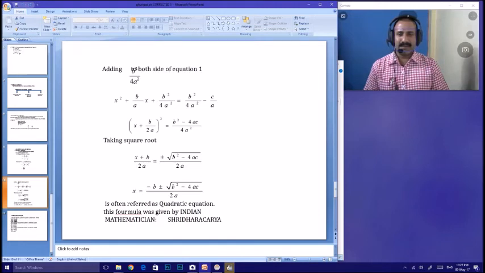Then we can write x equals to minus b plus minus root of b square minus 4ac upon twice a, which is the quadratic formula. This formula was given by Indian mathematician Sridharacharya.